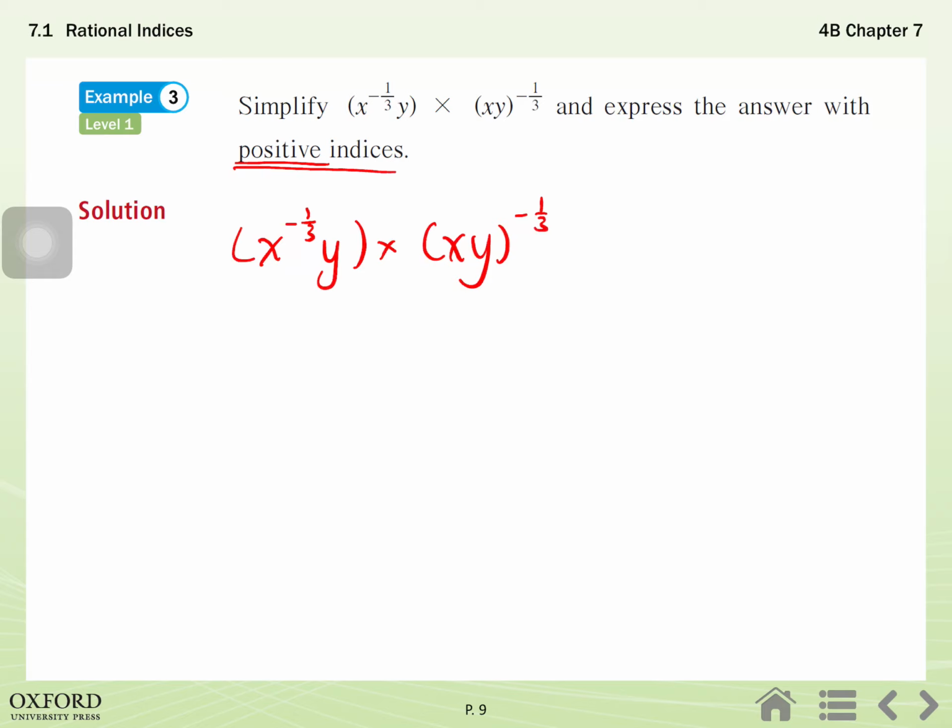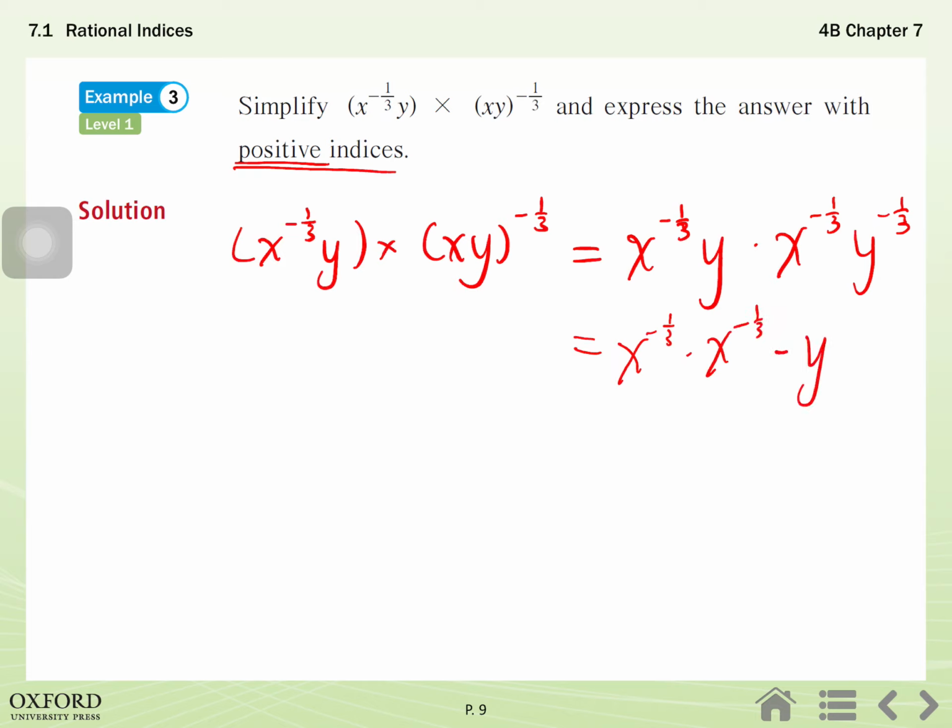Next one, I would say you take out the bracket, then you put the same base number together, then you will have x.